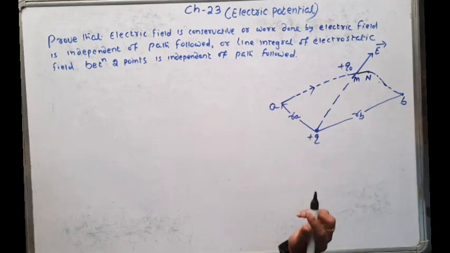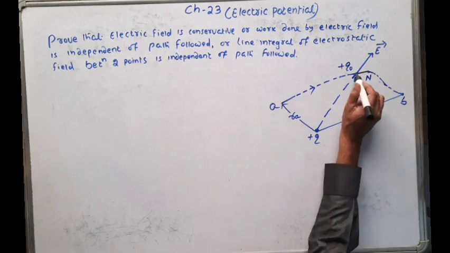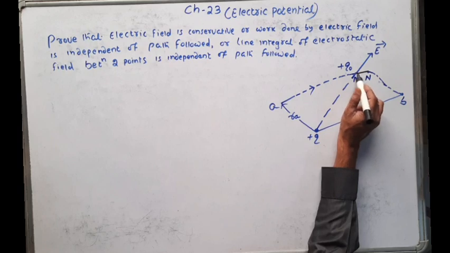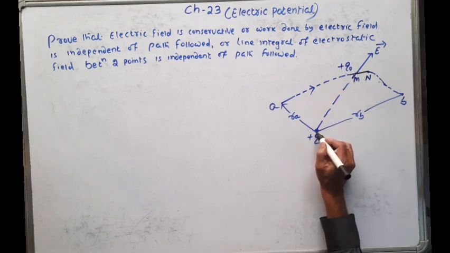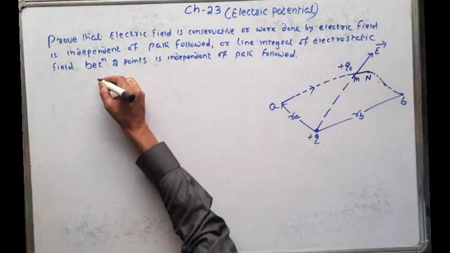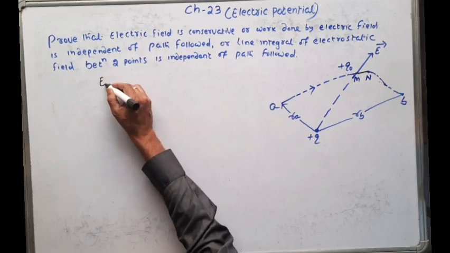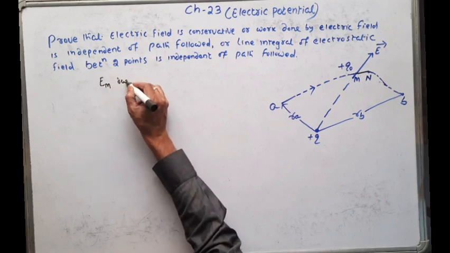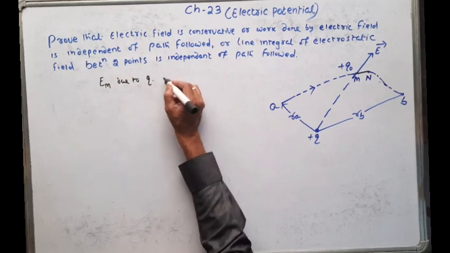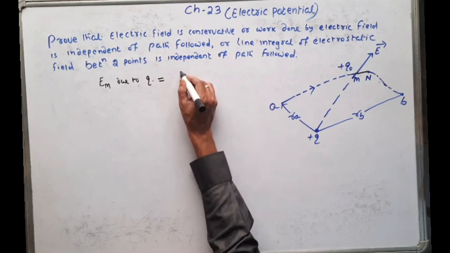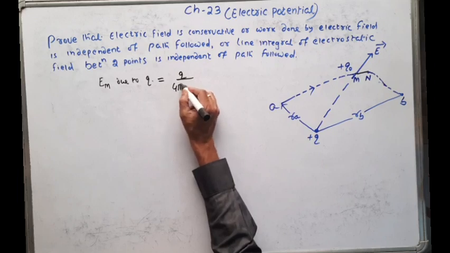Now let us say at any instant this positive test charge has reached M point. What is the force experienced by this positive test charge in the presence of this plus q? We can say the electric field intensity at M point due to q charge is, what is the formula, q by 4 pi epsilon naught.